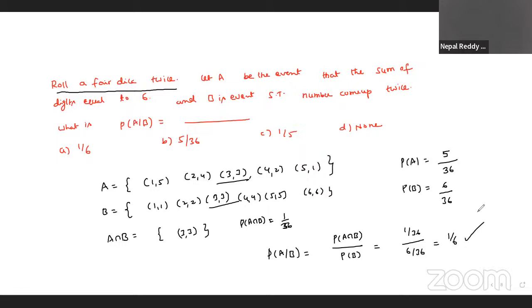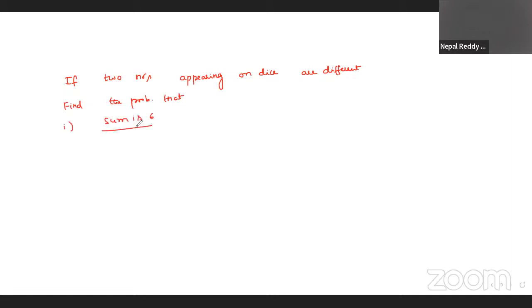Next, question. If two numbers appearing on dice are different, find the probability that question number 1, the sum is 6.